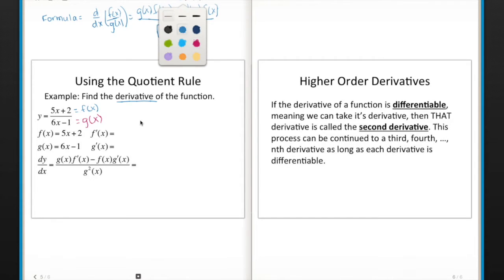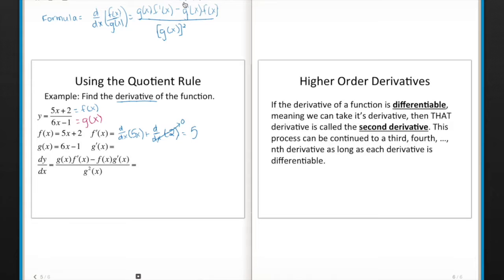So let's look at this example. Here we have a function y equals 5x plus 2 over 6x minus 1. I'm going to name the top function f of x and the bottom function g of x. So we're going to start by taking the derivative of the top function. This looks like using the sum rule. So we're going to take the derivative of 5x and the derivative of 2 and add them together. According to the constant multiple rule, the derivative of 5x is 5.